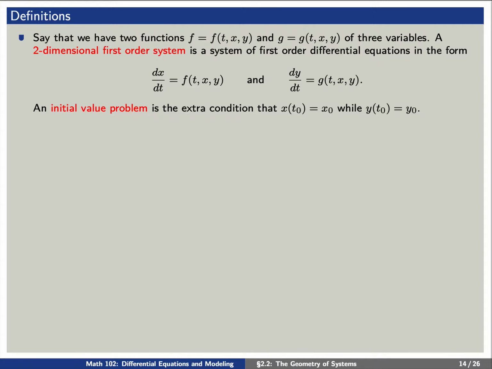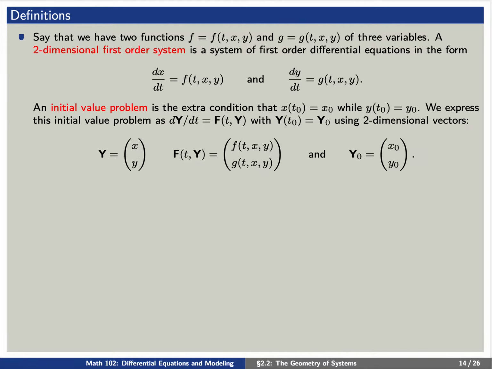An initial value problem is the extra condition that x evaluated at t0 equals x0, while y evaluated at t0 equals y0. We're going to express this initial value problem as dY/dt equals F, where Y at t0 equals Y0, using the following two-dimensional vectors.